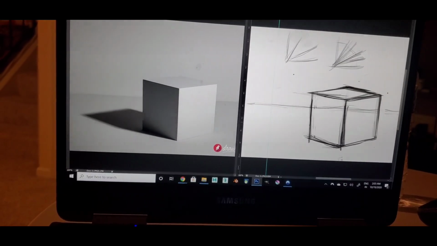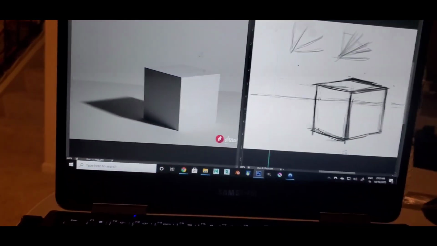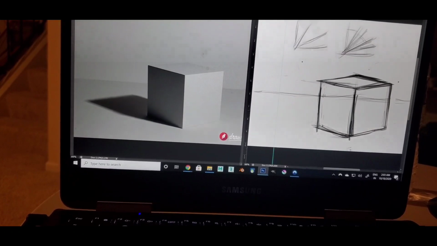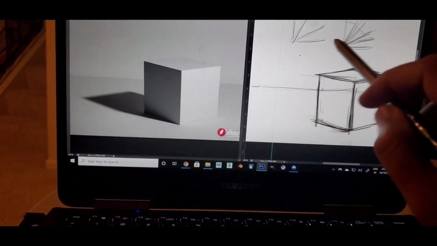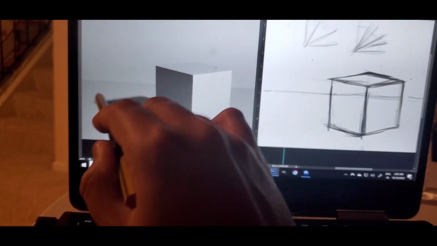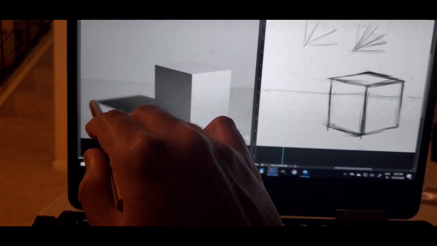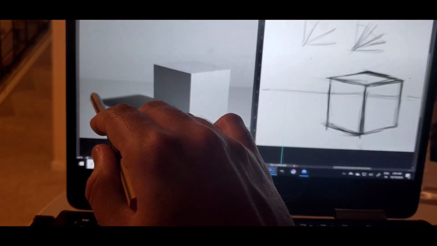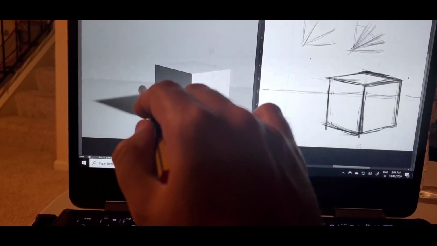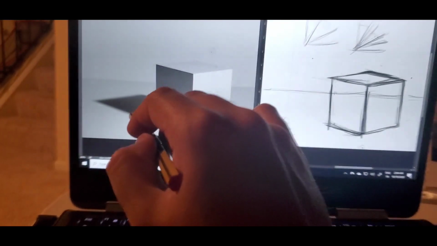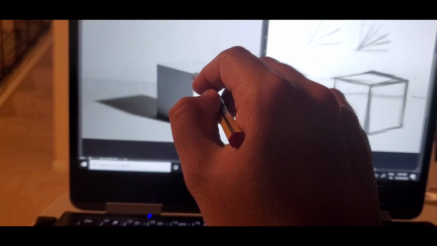Okay, now let's talk about this shadow. The theory of shadow is this: this point belongs to this point, this point belongs to this point, this point belongs to this point.